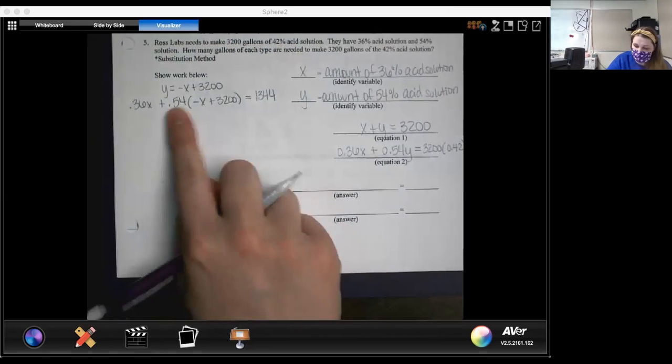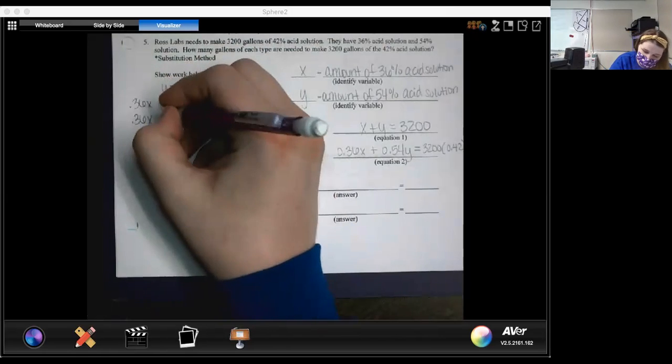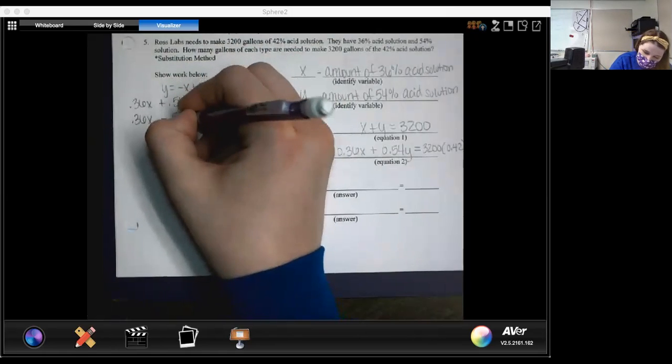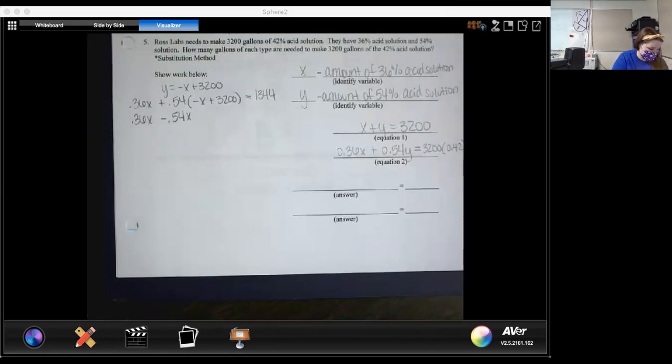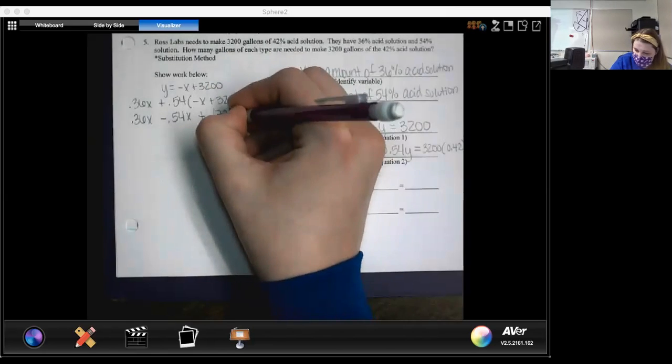And then we need to distribute this. So 0.36x minus 0.54x plus 1728.